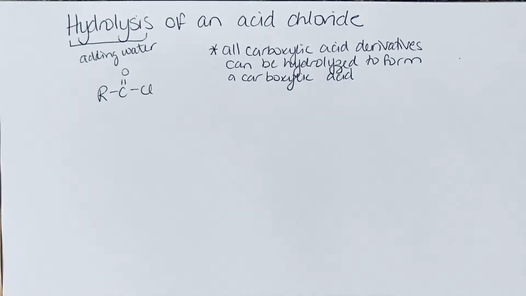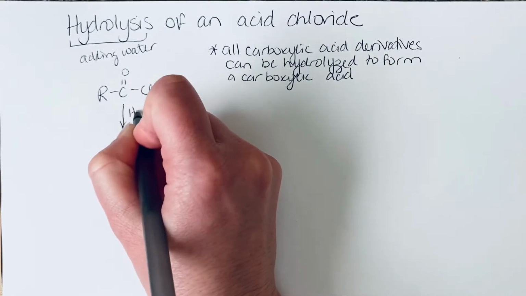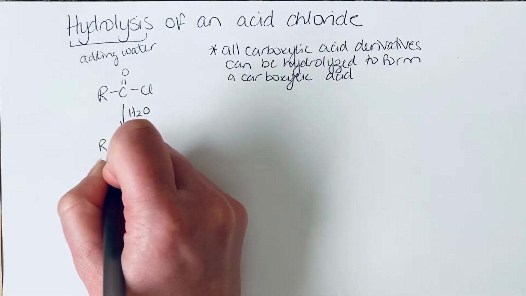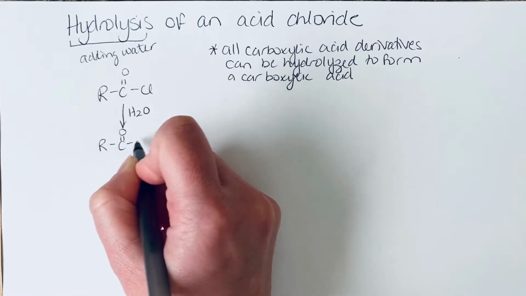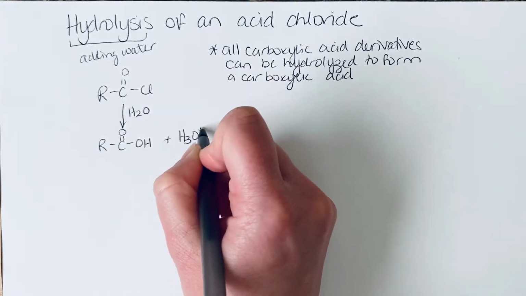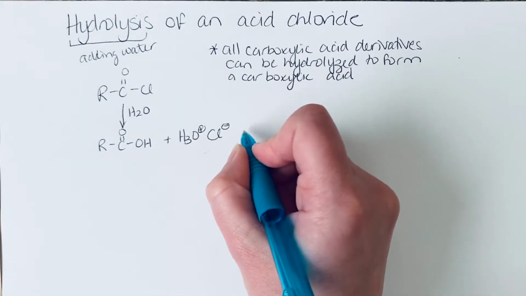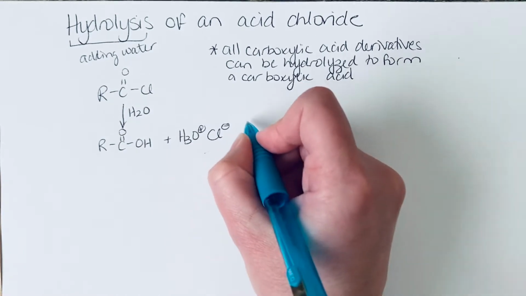But with your highly reactive compounds, such as your acid chlorides, when you add water, what you're going to end up forming is the carboxylic acid, and you will also have generated some H3O+ and some Cl-. So some aqueous hydrochloric acid. And if you wanted to prevent that acid from building up in the solution, you could also add pyridine to absorb the HCl.